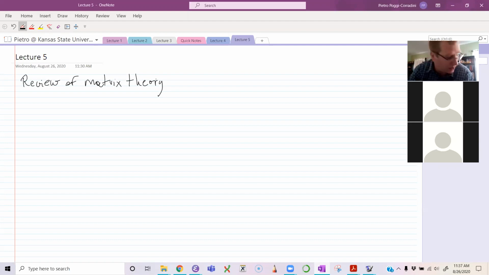All right, so let's assume that I have a matrix. It's an n by n matrix, so I'm going to write it like that. It's a square matrix. And then we can talk about an eigenpair, right?